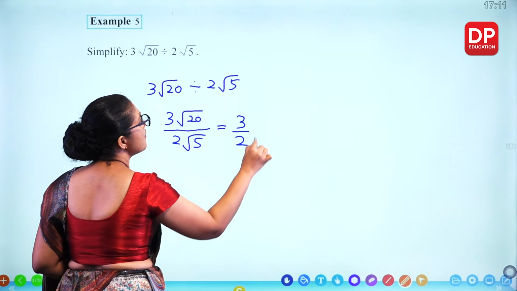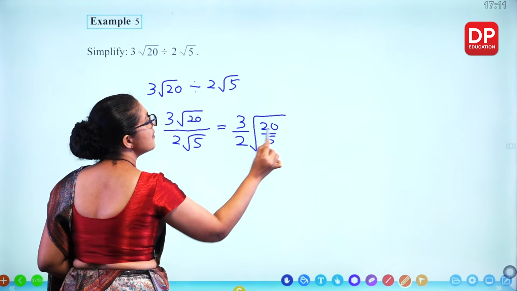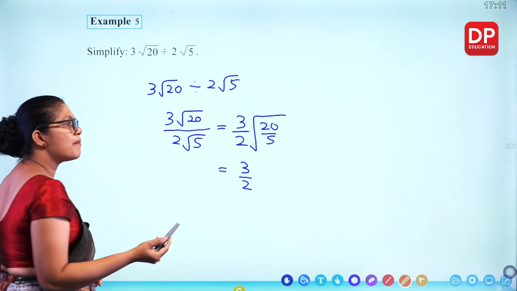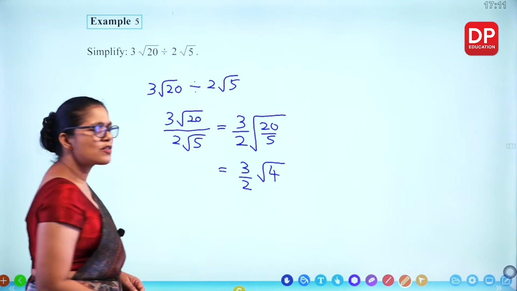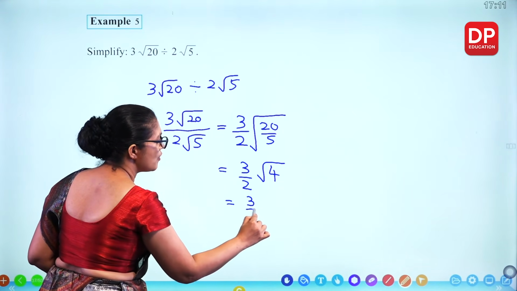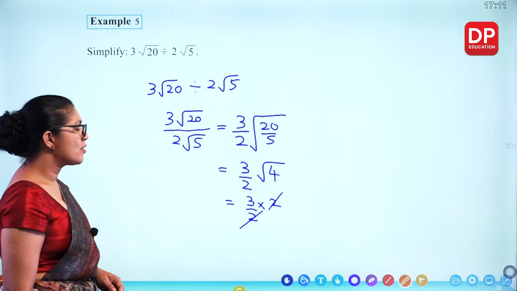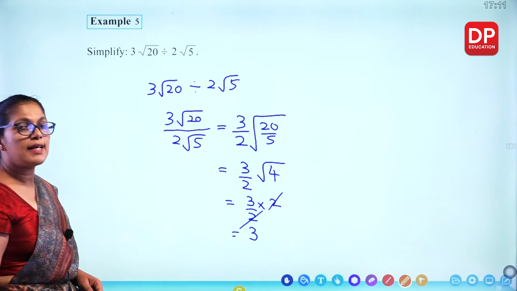So here I can write this number as 20 over 5. Now simplify, you get 3 over 2. 20 divided by 5, you get 4. So square root of 4. What is square root of 4? You get 2. So here 3 over 2 times 2. I see 2 get cancelled out. You get 3 as the answer.